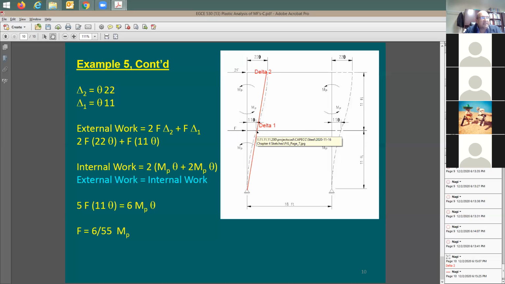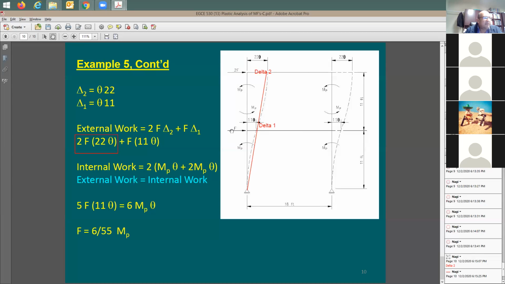You see, now let's look at the external work. I have two forces. The first one is F multiplied by delta 1, to give you the first external energy. The other external energy is going to come from 2F times the second delta. So for the top, take 2F multiplied by 22 theta, which is this displacement.